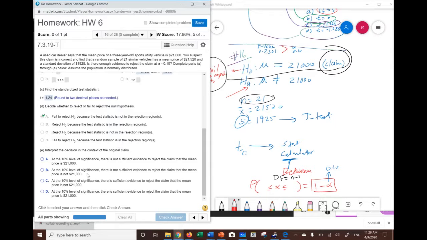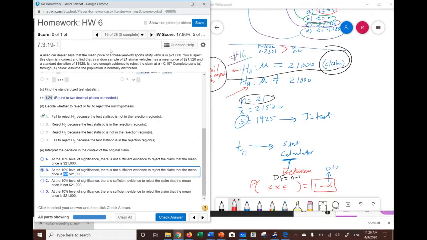At the 10% level of significance, there is not sufficient evidence to reject the claim that the mean price, remember in A it says the mean price is 21. And part B says the mean price is not 21. Look at the claim. The claim says is. It doesn't say is not. So we're going to choose the A. The difference between A and B is the word not in the second B. So the claim says is.